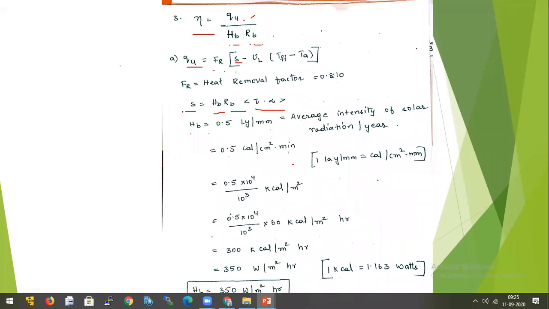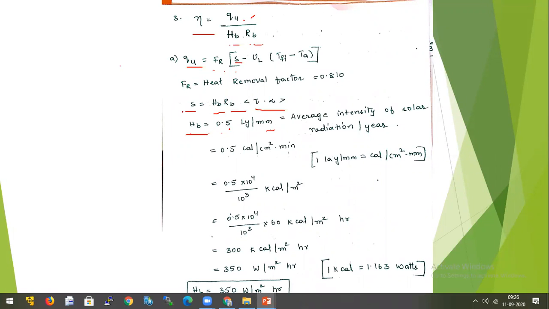For converting it into kilocalories per hour per meter square, these are the steps. First step, from the data, HB is equal to 0.5 Langleys per minute, which should be calculated in meters square.